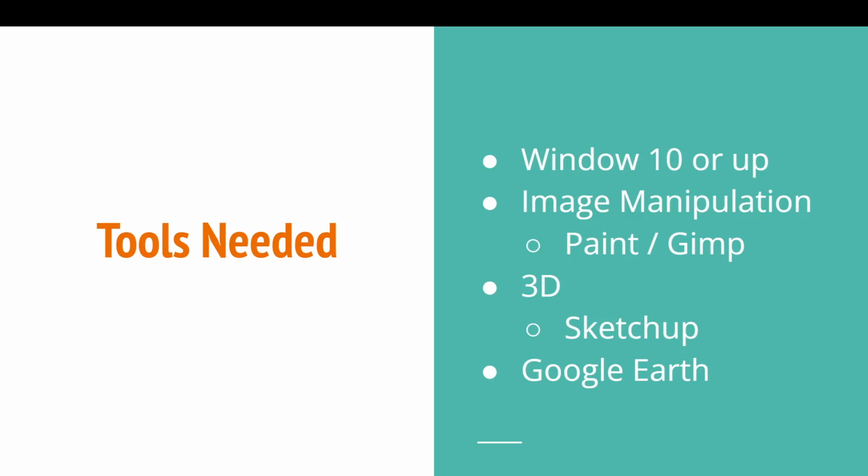So you're going to need something to do image manipulation. We use Paint, 3D Paint, or Microsoft Paint and GIMP to do the image manipulation, and to create the 3D buildings we use SketchUp and Google Earth to render them out.